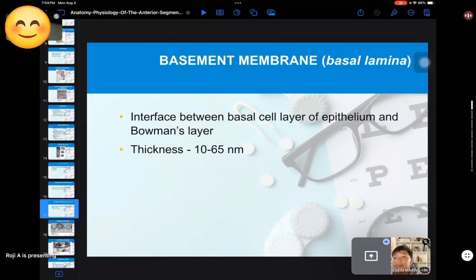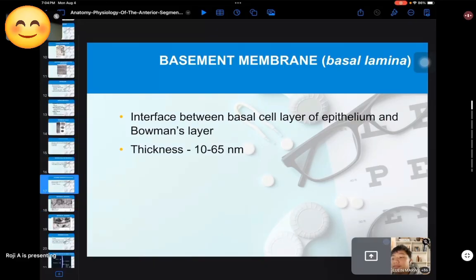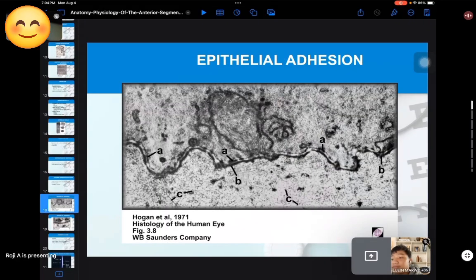So the basement membrane, which is the basal lamina, is an interface between the basal layer of the epithelium and the Bowman's layer. Thickness about 10 to 65 nanometers. You'd notice that there's adhesion. Adhesion is like sticking together, correct?